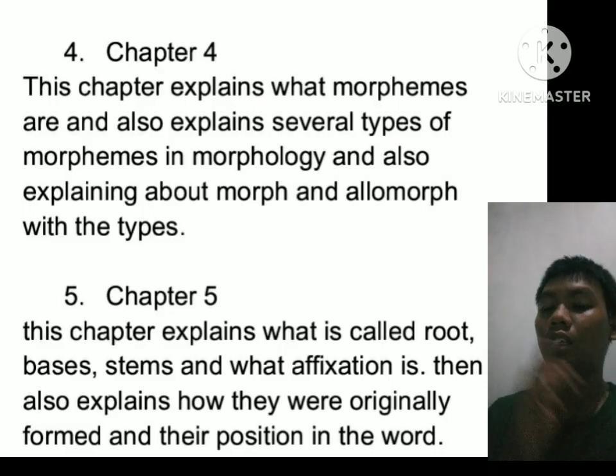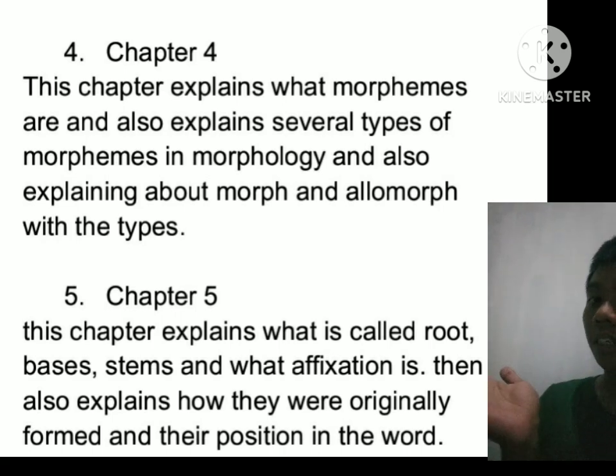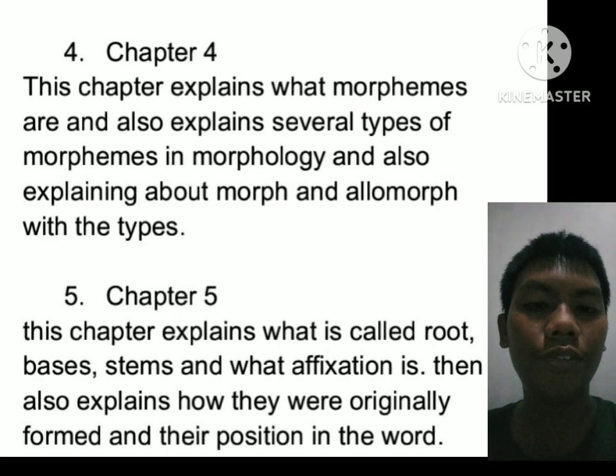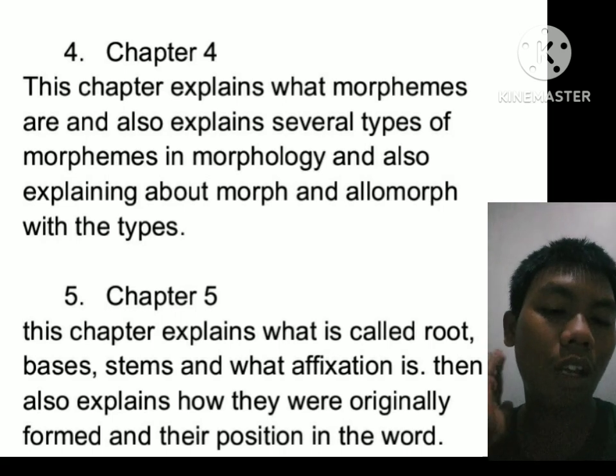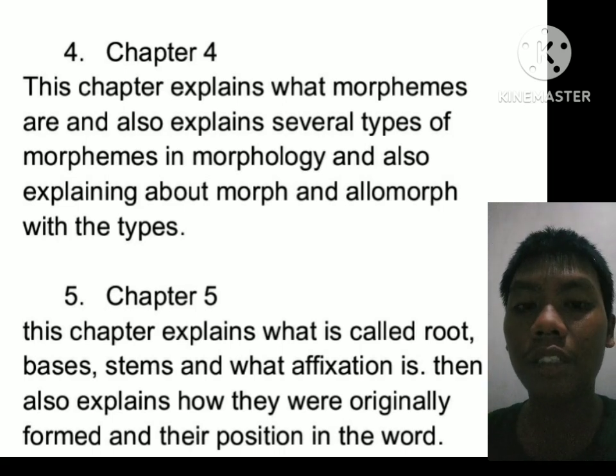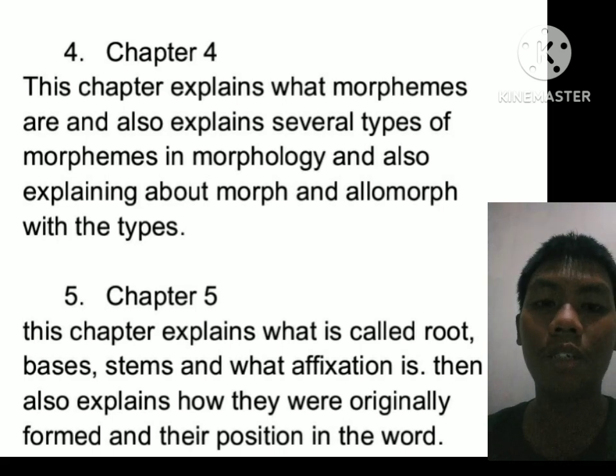Okay, as all of you can see, it's really giving a lot of explanation about what is root, what is base, what is term.